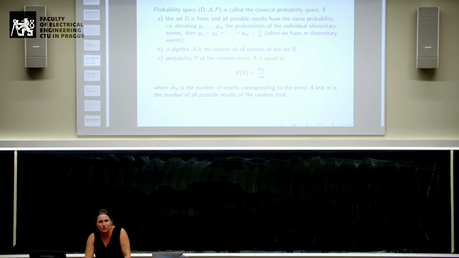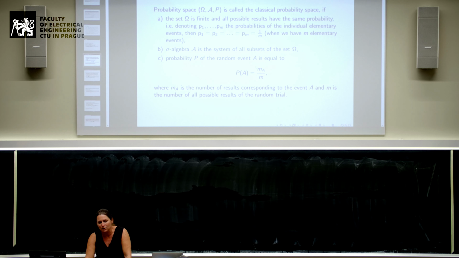We consider the sigma algebra, the set of all random events which can happen, which can be combined from these elementary events, to be the system of all subsets of the set omega, and the probability of the random event A is calculated as the number of events corresponding to the event A over the number of total events.